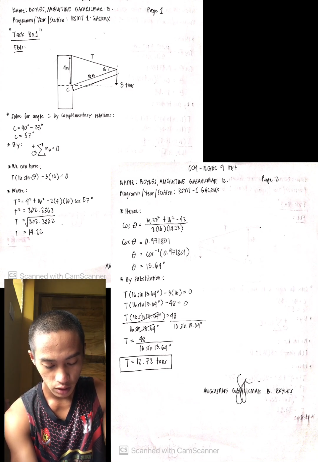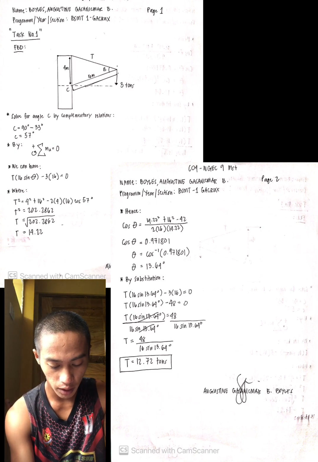So by substitution, T(16 sin 13.64 degrees) minus 3 times 16 equals 0. So T times 16 sin 13.64 degrees minus 48.